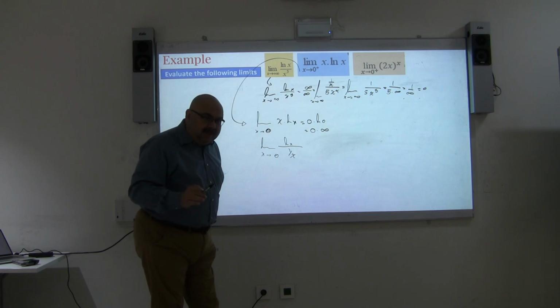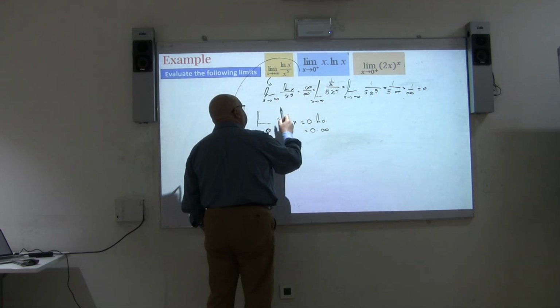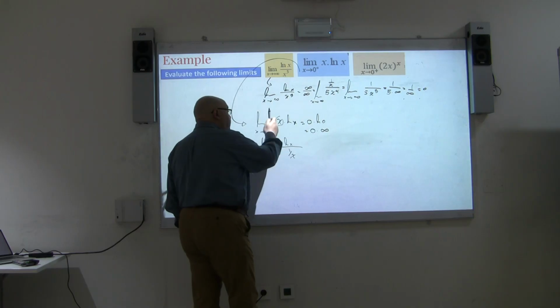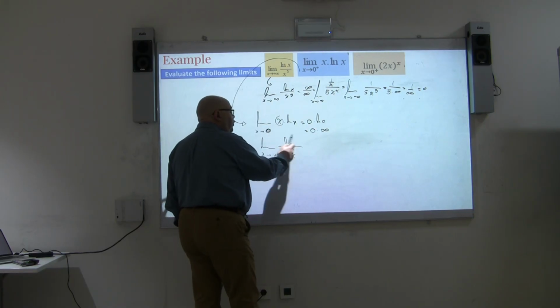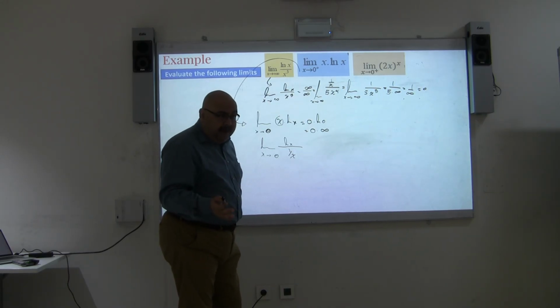So all I did is change the shape of my function. Instead of having x times ln of x, I moved x to the denominator as 1 over x. As you know the rule, a denominator in a denominator is a numerator, so I didn't change the problem.